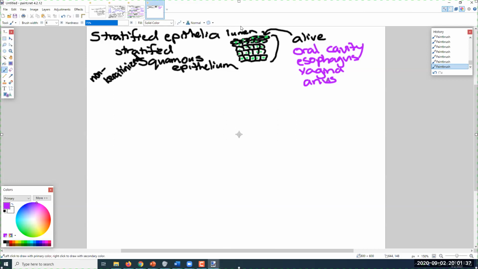And let's think about it. We already said that stratified helps with what function? What's one of the functions of having it stratified? Yeah, for protection. Why do we want to protect our oral cavity? Okay, good.